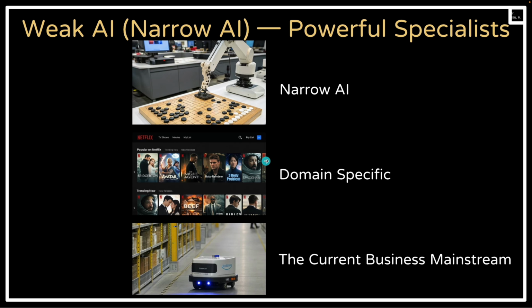A recommendation engine can predict what you might want to watch, but it cannot manage a supply chain unless it is specifically trained for that purpose. So the key idea here is specialization. Most commercial AI today is powerful because it is narrow.